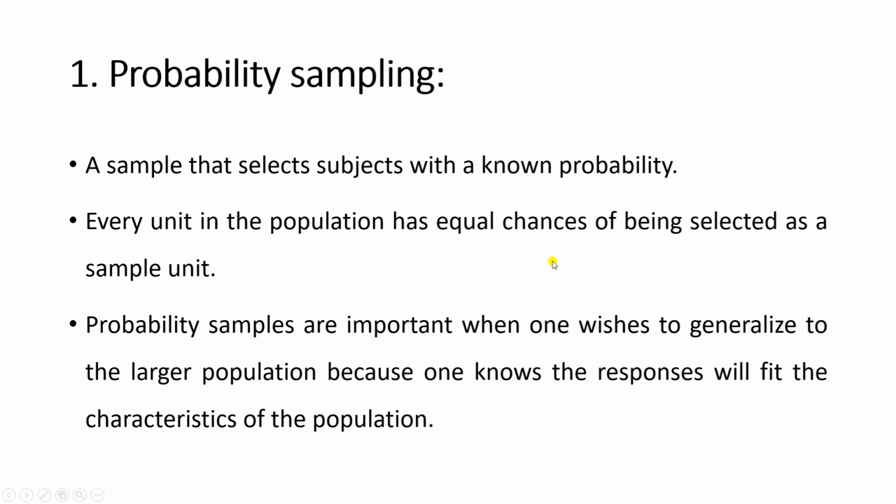So, to put it in simple words, if I am taking a sample, that means a short segment of the larger population, and I am conducting my study on that particular sample, if the sampling method was following any probability sampling method, then I can say whatever the finding of my study within the sample is can be applied to the whole population.